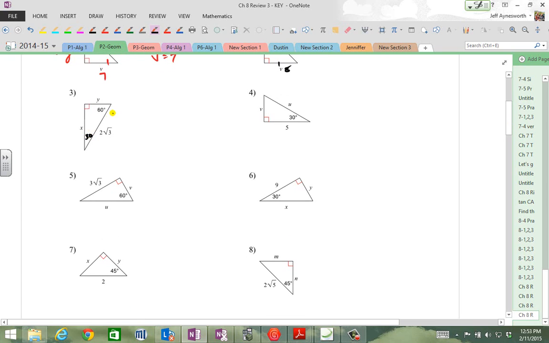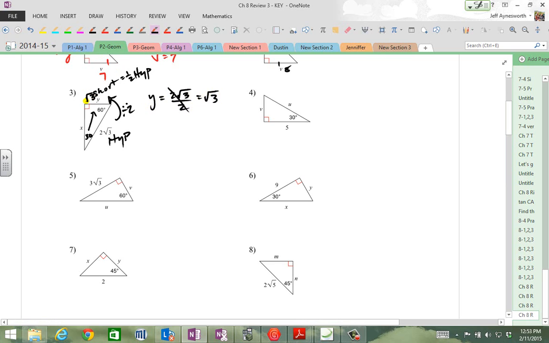So 30-degree angle here. Opposite of that angle is the shortest side. See if I can spell short. It is equal to half the hypotenuse. This is the hypotenuse right here. It's the longest side, so I have to divide it by 2 to get to the short side. So y is equal to 2 root 3 divided by 2, which is root 3.